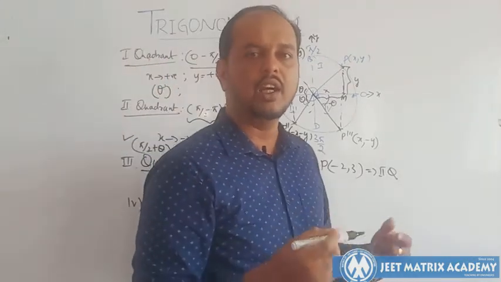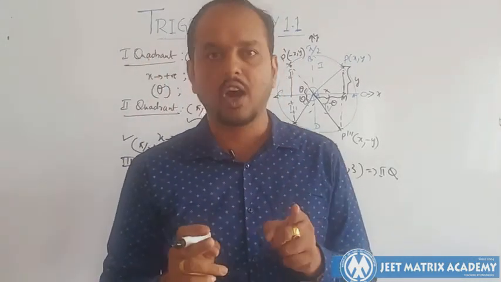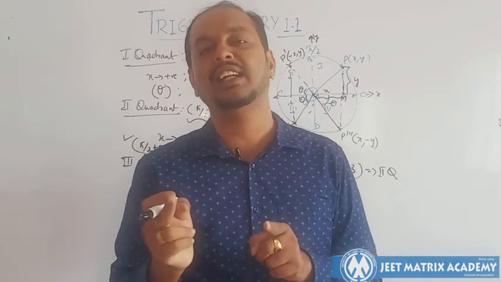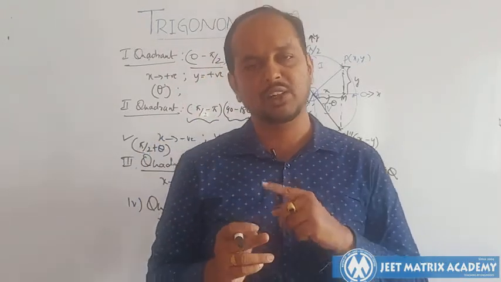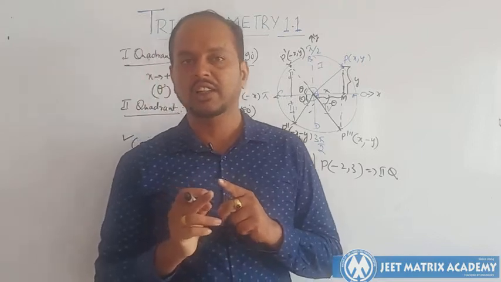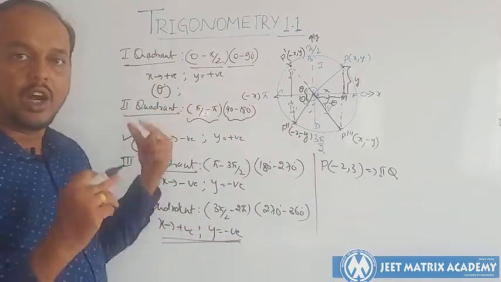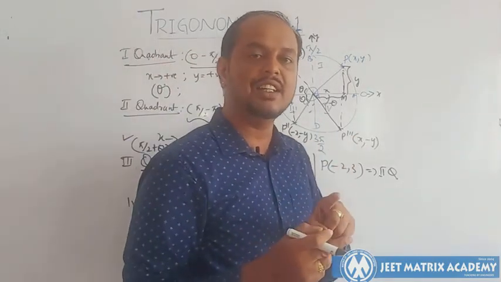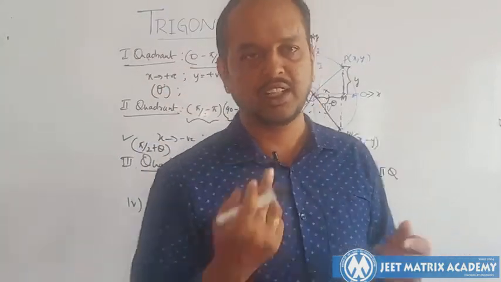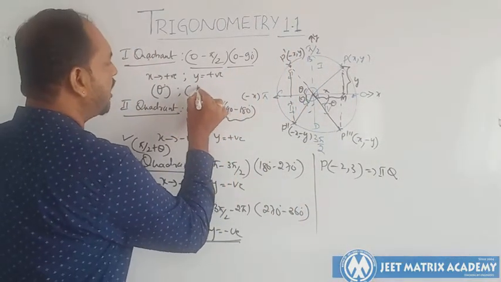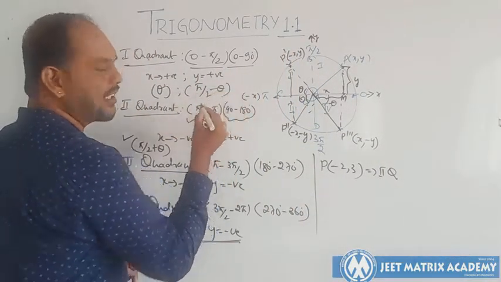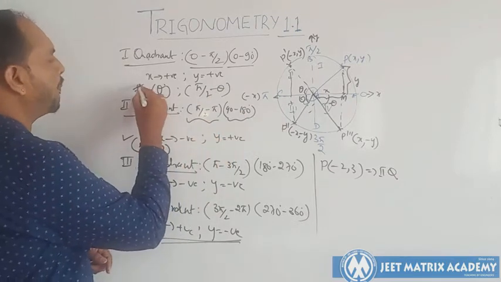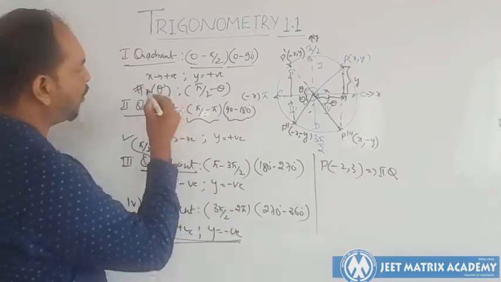Either you can say 60 degrees or you can say 90 minus 30, 60. Similarly, you can say 30 degrees, that means theta is 30 degrees, or you could say 90 minus 60, that also is 30. Am I right? That means you could say pi by 2 minus theta. This is also one way of representation. So both you should remember.